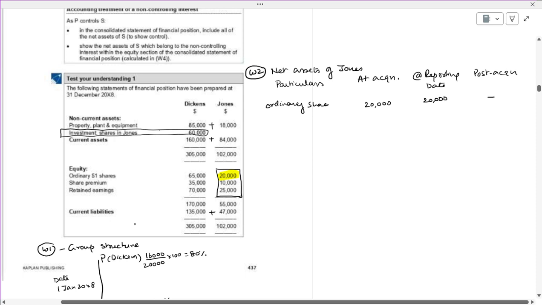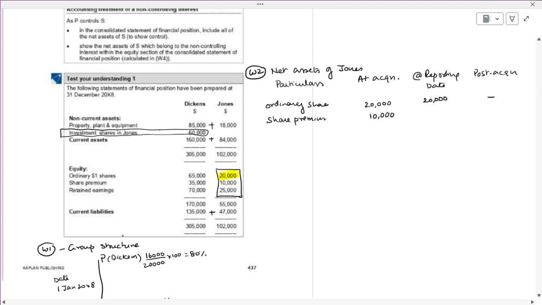Now you take share premium. At acquisition, how much share premium is there? At acquisition, it is 10,000.